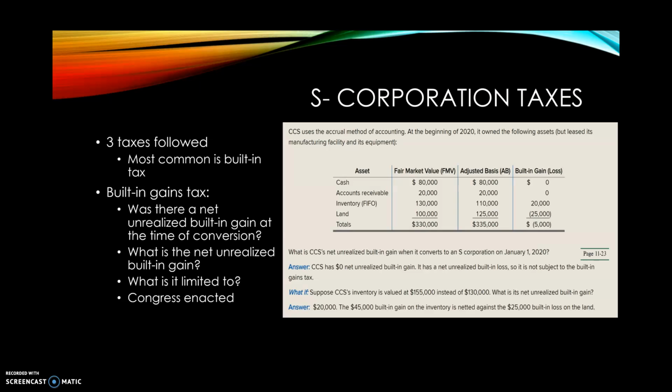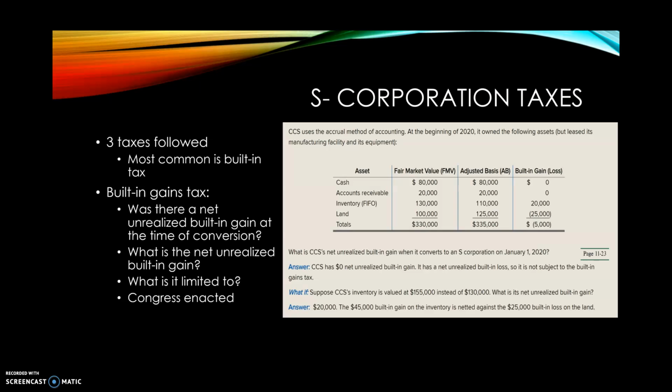Any S corporation that converted from a C corporation with a net unrealized gain at the time is subject to this particular tax, and has to be within the built-in gains tax recognition period. There are particular years that this recognition period covers, so if that is the case for the company when converting, that's how they will be subject to this tax.